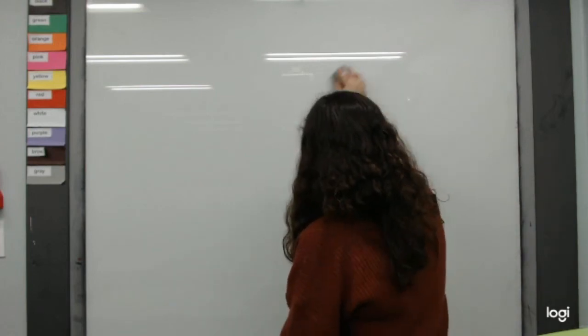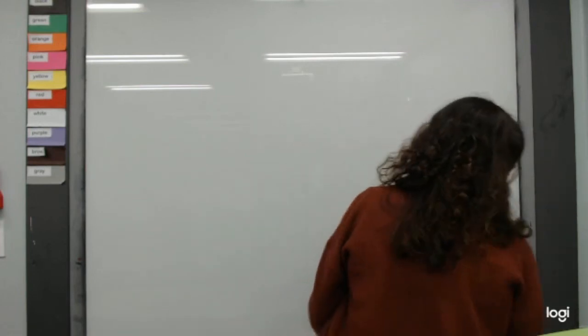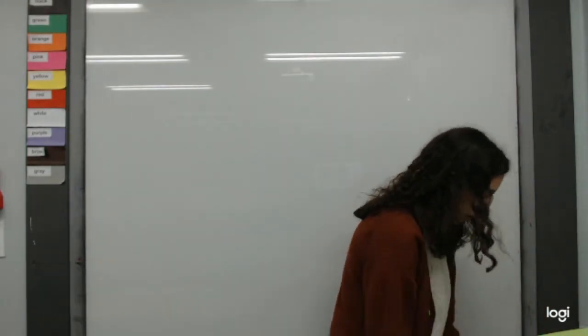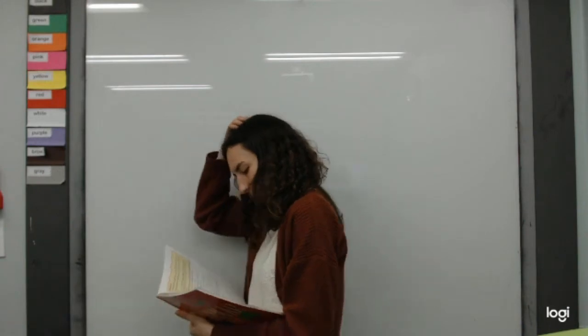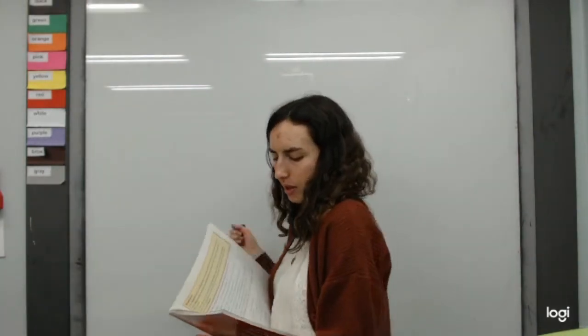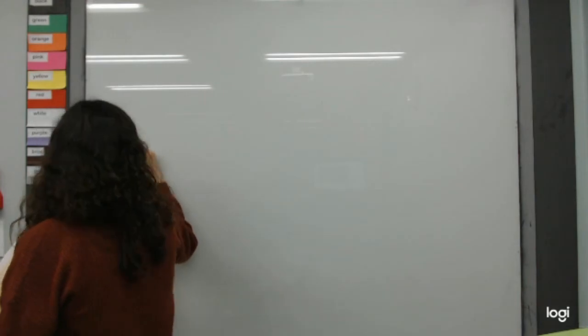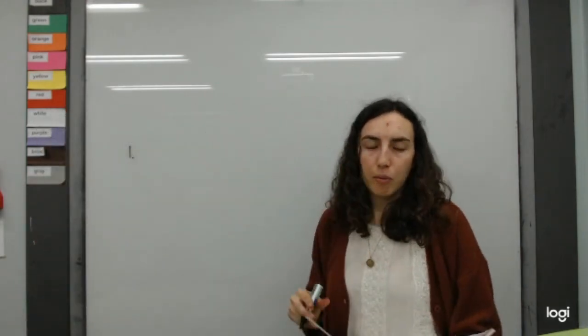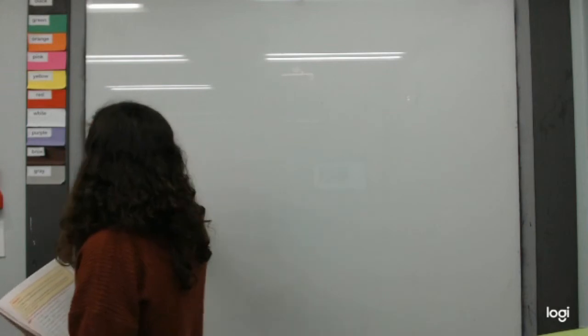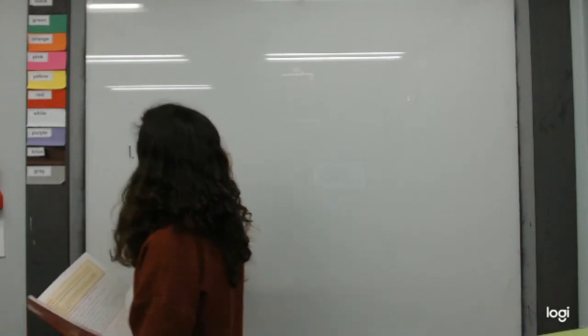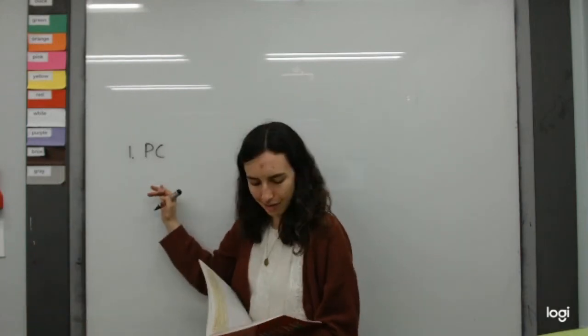Okay, so together we are going to answer the questions on page 92. So the first one we have to decide, is it past continuous or present continuous, simple present, or simple past? So the first one, what are you doing? We see ing, so we know it is present continuous.